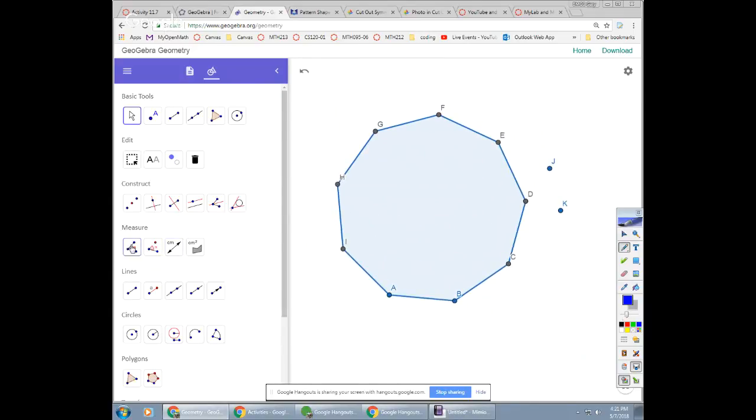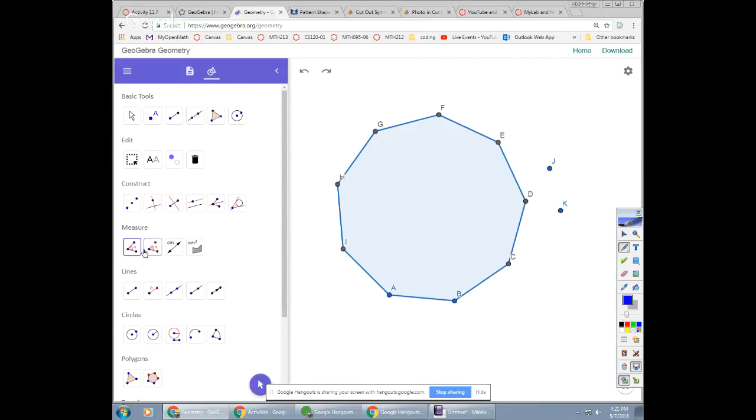Another cool thing is Geogebra will automatically measure angles for you. So one way to measure an angle is you click the angle measure tool, and then you click points with the middle point has to be the one you're measuring. So if I want to know the measure of this angle, I would click A, I, and then H. And I'll say, oh, by the way, that's 140. Even cooler than that, there's undo right there.